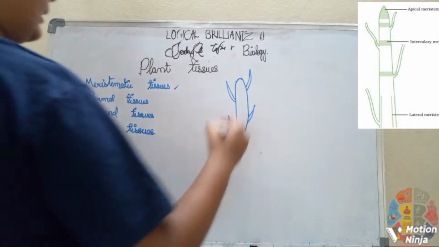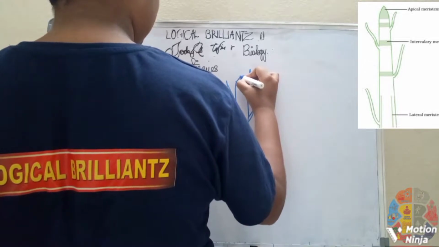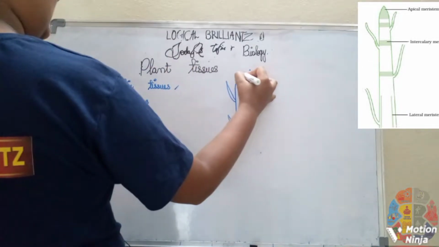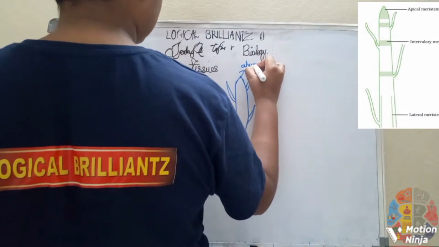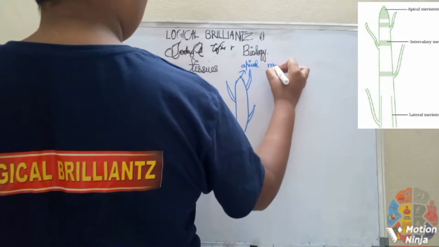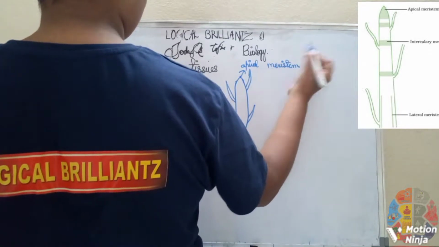At the tip of the shoot, there will be apical meristematic tissues, the apical meristem.